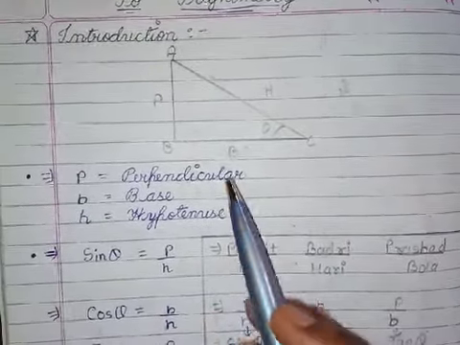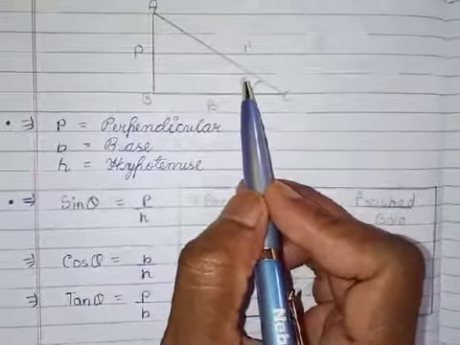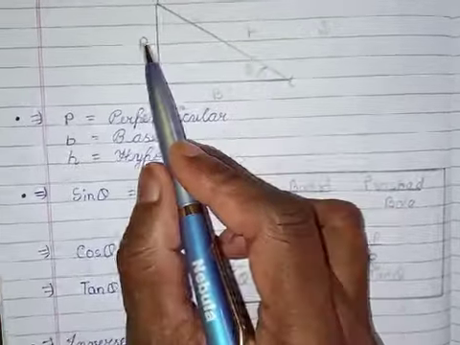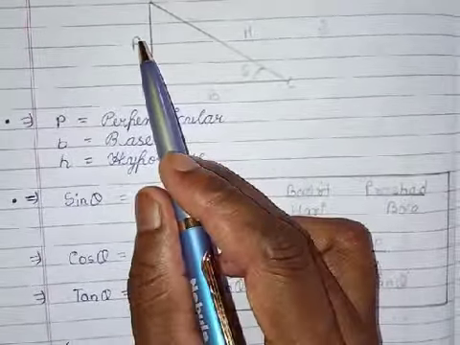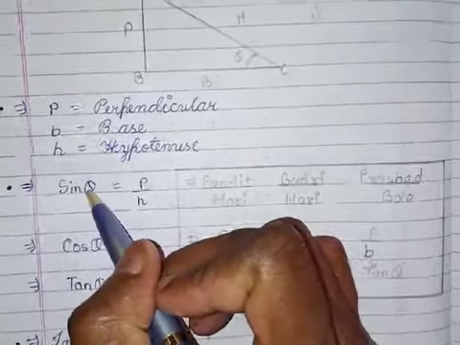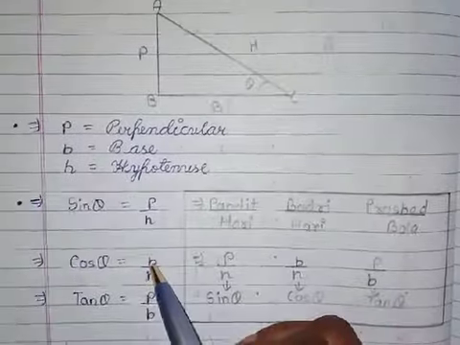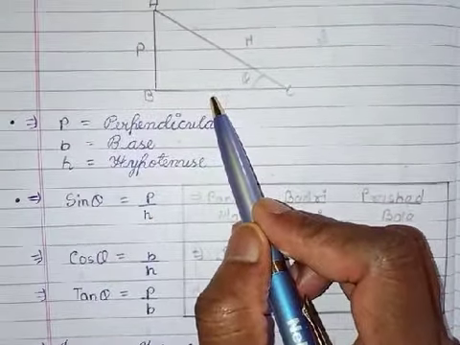So we define sine theta, cos theta and tan theta. P by H is known as sine theta, B by H is known as cos theta, and P by B is known as tan theta.